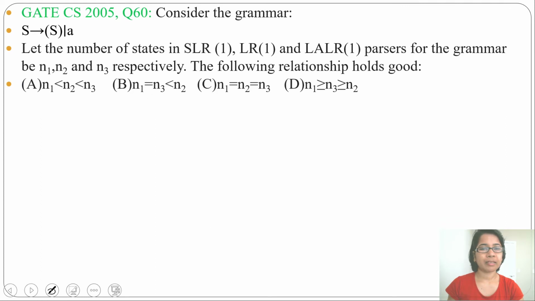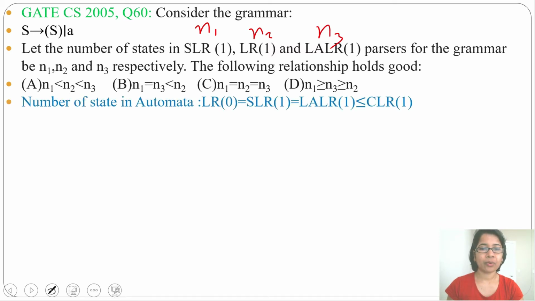Four options are given, with four relations, and it is asking which relation is true. SLR1 is N1, LR1 is N2, LALR1 is N3. We already know that the number of states in the LR0 automata is the same as SLR1 automata, which is the same as LALR1 automata, and that is less than or equal to CLR1.